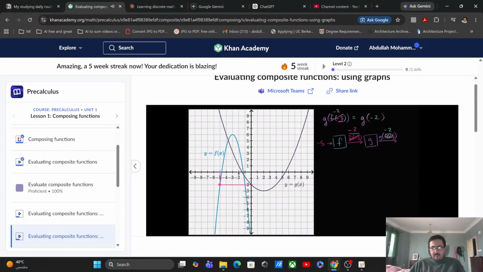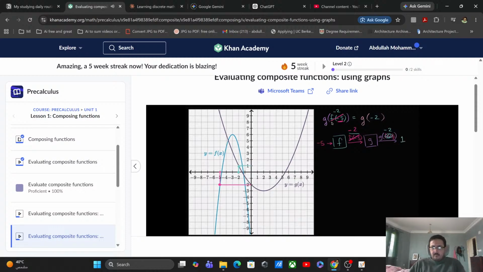So when x is negative 2, what is g? We see the graph is right over there, g of negative 2 is 1. So this is going to be 1.